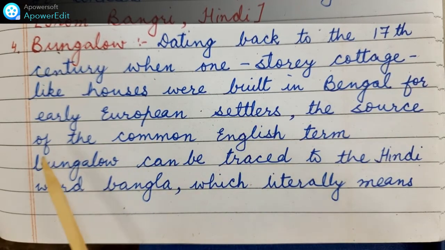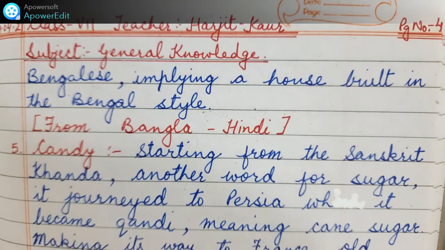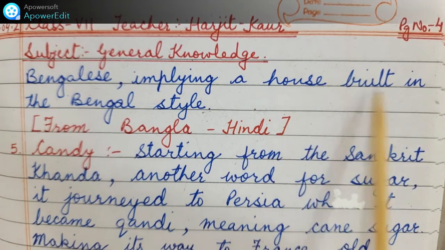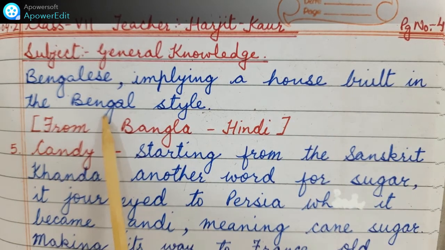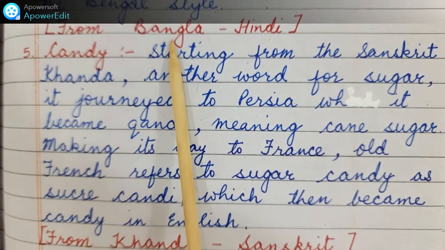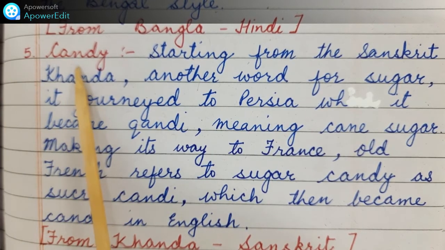The source of the common English term bungalow can be traced to the Hindi word bangla, which literally means Bengalis, implying a house built in the Bengal style. From bangla, Hindi.